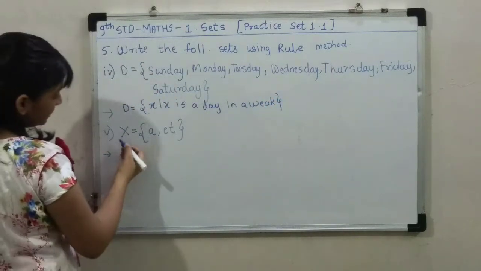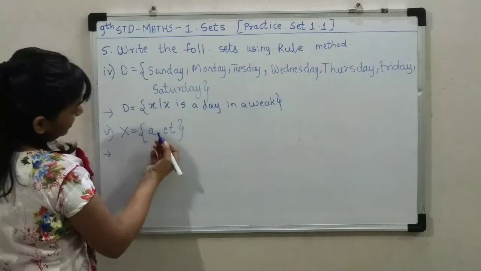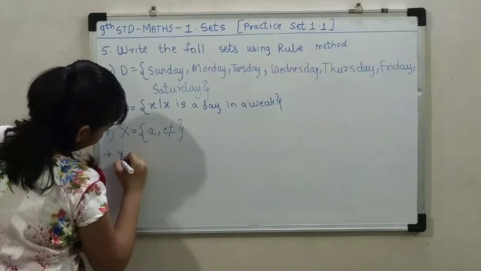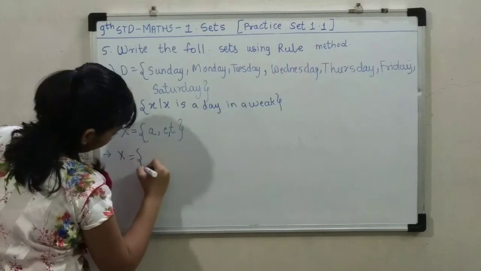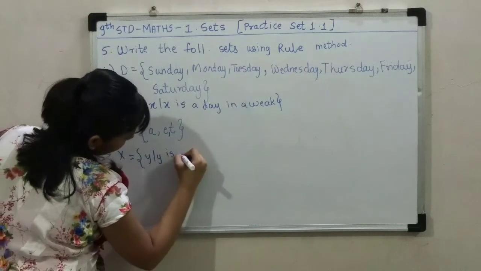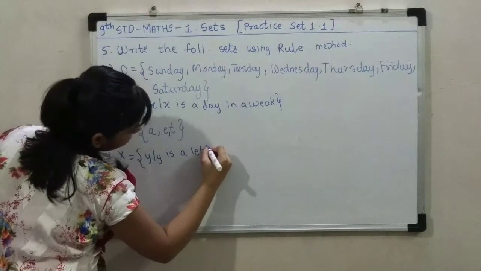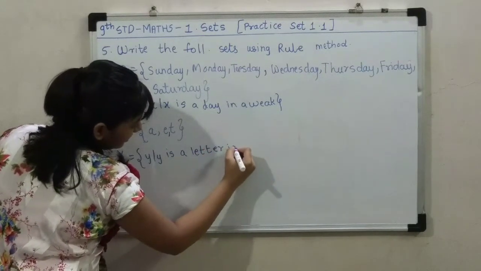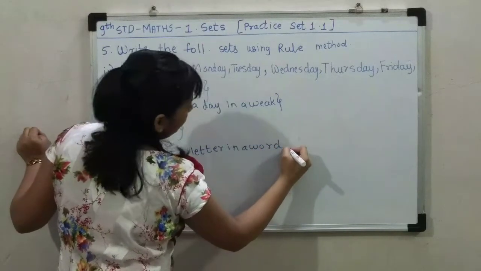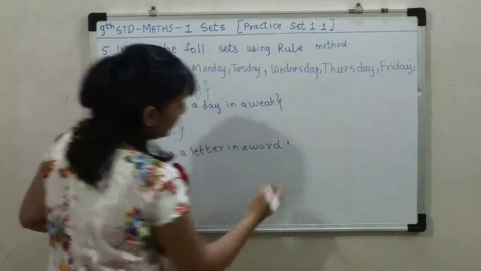Second is set X is equal to letters A, E and T. So here set X is equal to y such that y is a letter in a word. Word we can write anything like T.